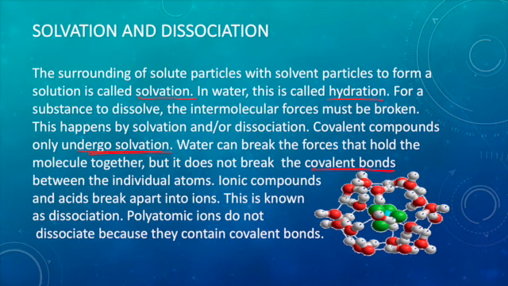Ionic compounds and acids do break apart into ions. This is known as dissociation. Polyatomic ions do not dissociate because they have those covalent bonds.